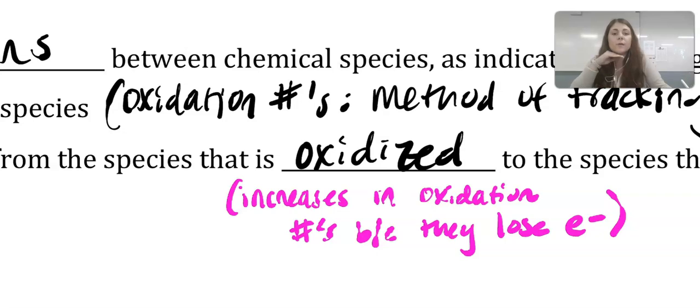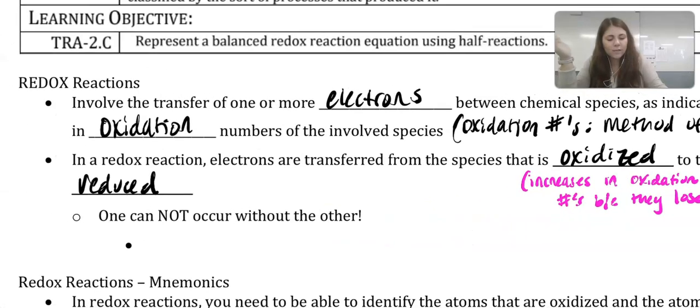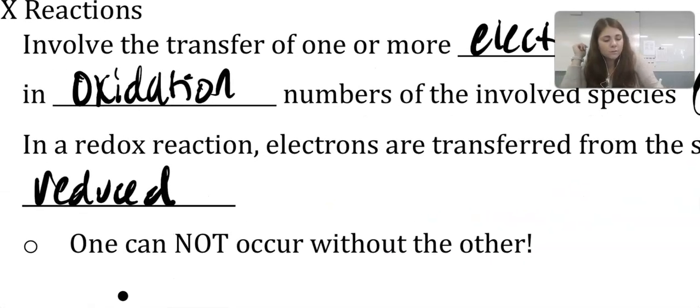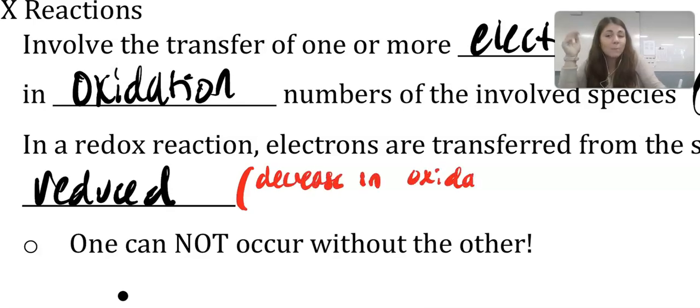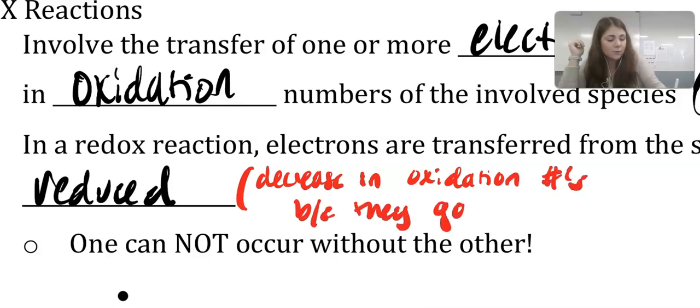So if we're increasing in oxidation numbers, we're getting more positive, like we're losing electrons. While our reduced will decrease in oxidation numbers. We're getting more negative, and this is because they gain electrons.